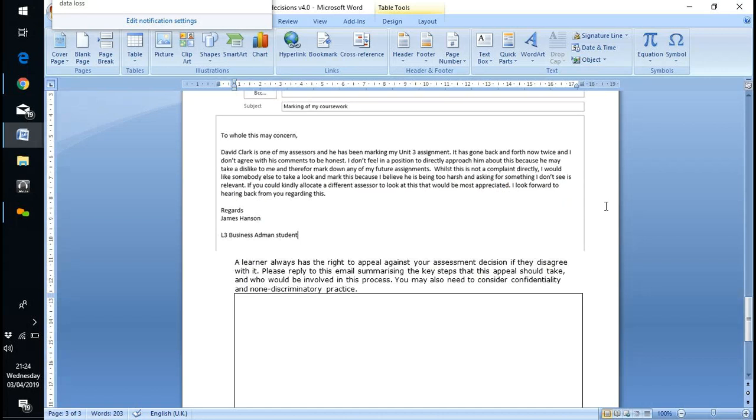It's funny this should come up because I've been an assessor since 1989, yeah? I have never once had an appeal against, or been involved in an appeal against, an assessor's decision.